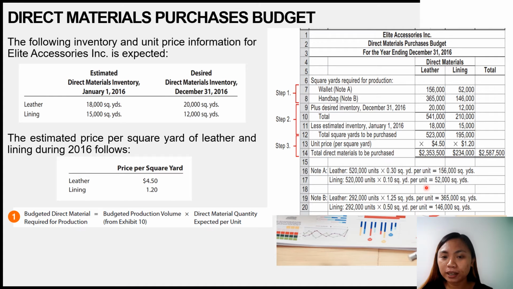Just as what we have computed earlier, for the leather, for the wallet, it would be 520,000 units times 0.30 square yard per unit. So that would be 156,000 square yards of leather needed to produce 520,000 units of wallet. And for the lining, 52,000 square yards is needed to produce the 520,000 units of wallet.